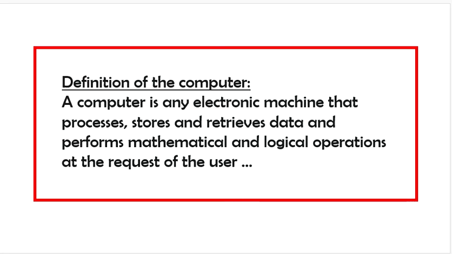Definition of the computer. A computer is any electronic machine that processes, stores, and retrieves data and performs mathematical and logical operations at the request of the user.